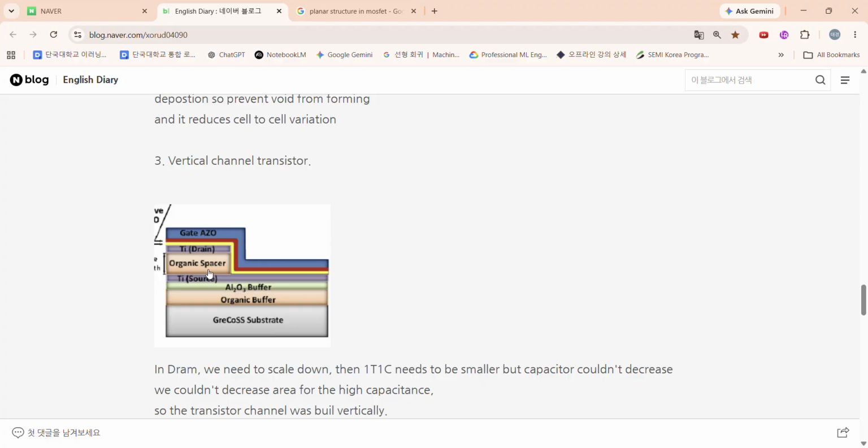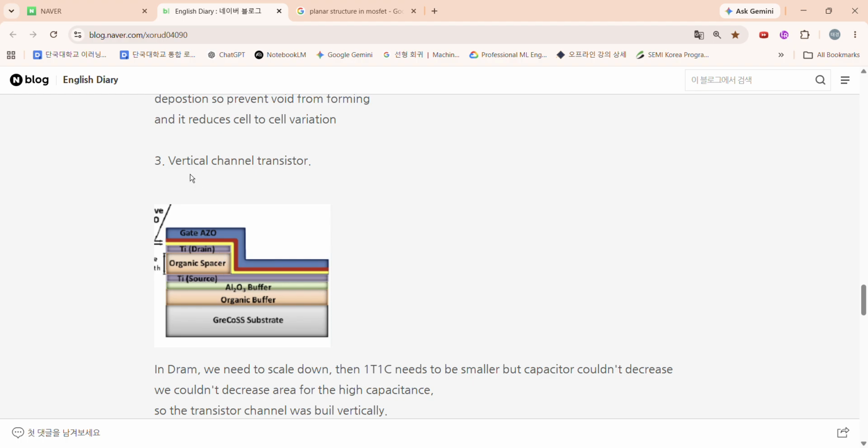It is a channel. So the channel is not in the horizontal direction, but the vertical direction.